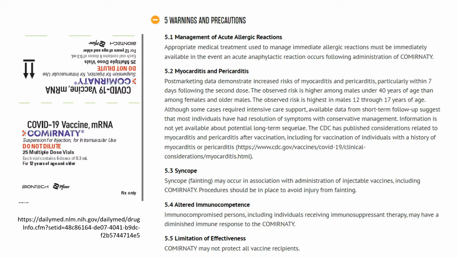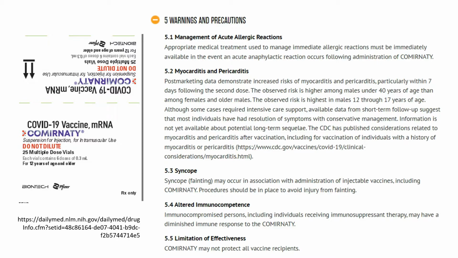The section on warnings and precautions contains information on specific risks of a vaccine and ways to mitigate any adverse consequences for the patient. For example, the Comirnaty vaccine against COVID-19 advises that appropriate medical treatment be used to manage immediate allergic reactions and procedures be in place to avoid injury from fainting.